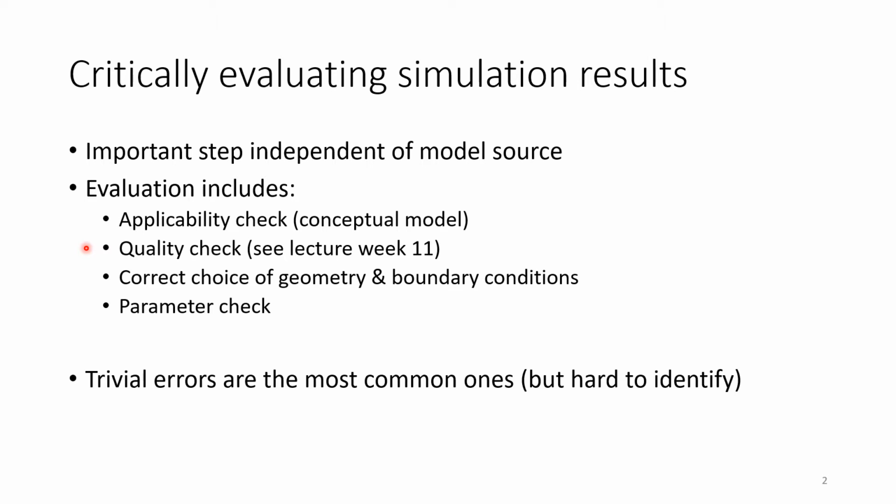That was the quality check. We also discussed an applicability check, which is kind of difficult. I cannot really train you on it, but it goes on the conceptual level, right? So you have to ask yourself, okay, these are the physics, the ongoing processes, are they captured accurately, all that kind of thing.